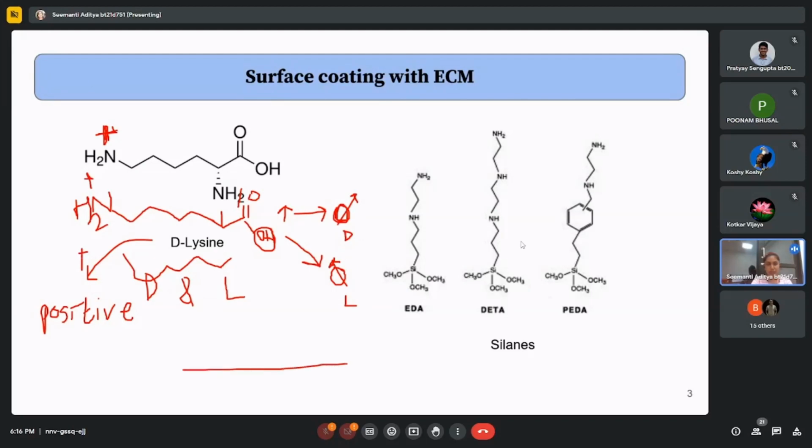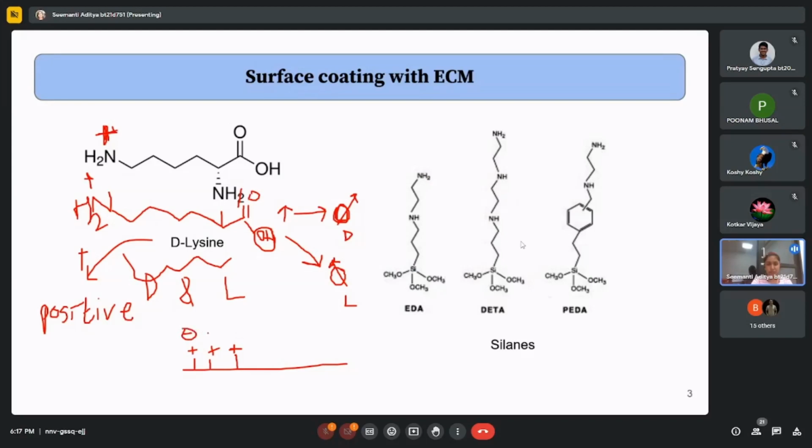If we are coating the surface with poly D lysine, then the NH2 plus group will protrude outside and give positive charges on the outside. Any molecules that have positively charged side groups will show attraction towards negatively charged groups.